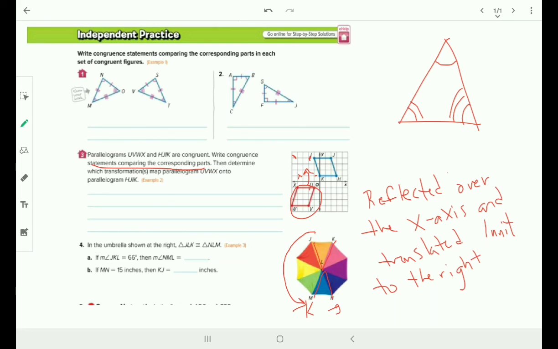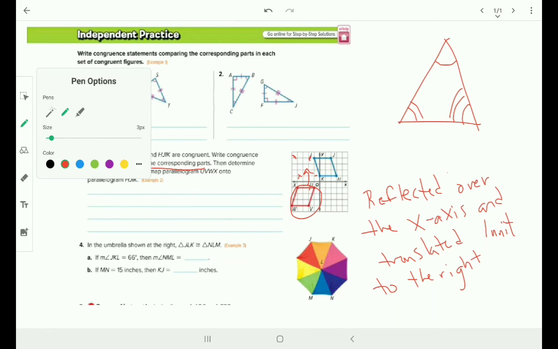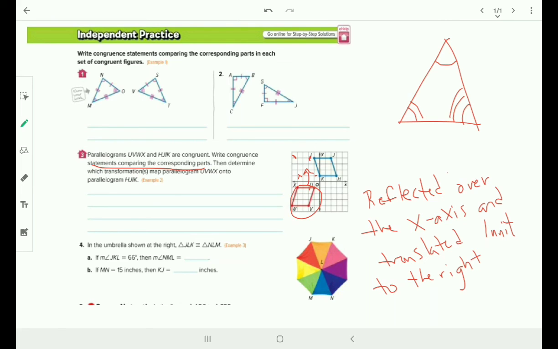So if the measure of angle JKL, if I write this out, JKL, the middle angle is what we're looking for here. So JKL is this angle right here. So K is the actual angle we're looking at.